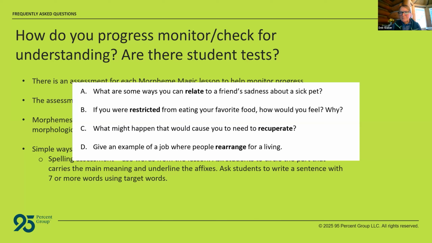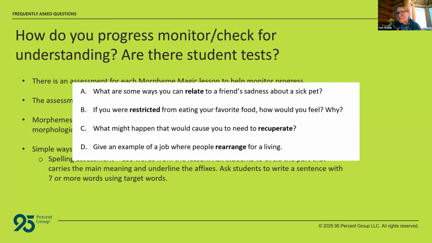So here's an example. This is the assessment for the prefix re, and these are 4 of the words that were included in the lesson during the week. And I think if you read through these, you'll get a sense of how children have to think pretty deeply about the application of those words to answer these questions, which is that more distal or deeper understanding.